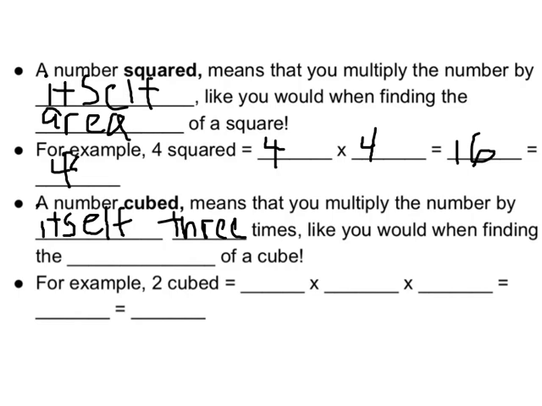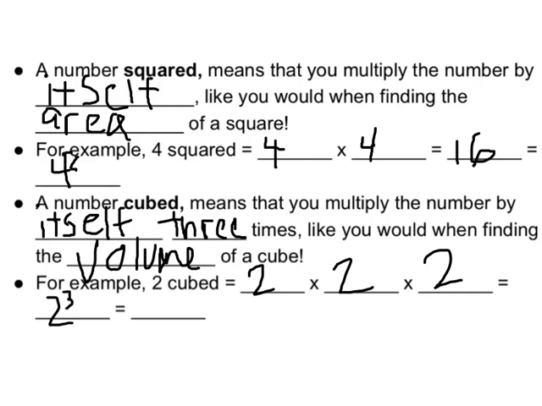What are you doing when you're finding something of a cube? Right, you're finding the volume of a cube. So for example, 2 cubed, we're multiplying 2 by itself 3 times. This is equal to 2 to what power? 2 to the third power. 2 times 2 times 2 equals 8.